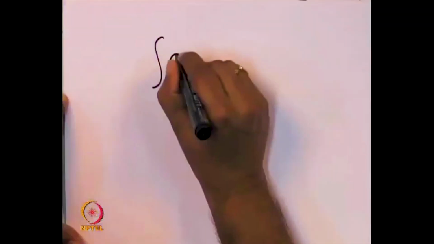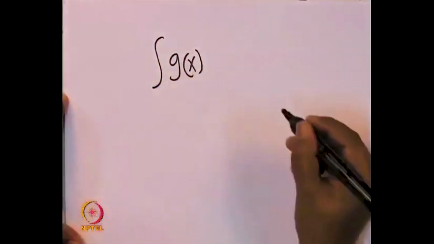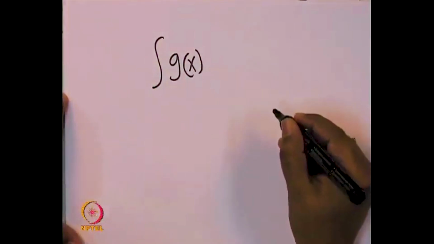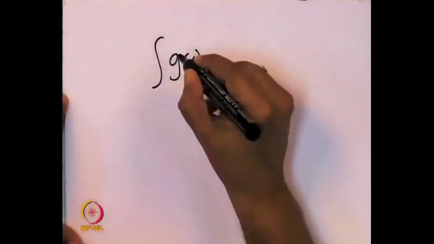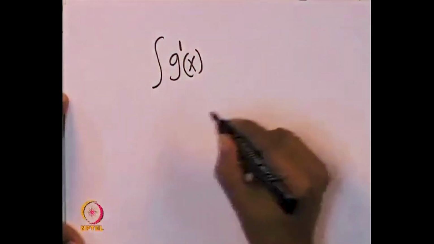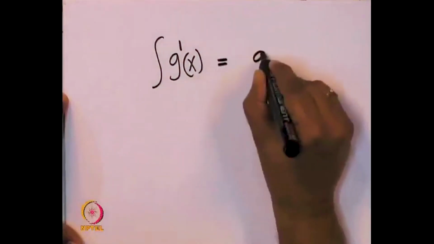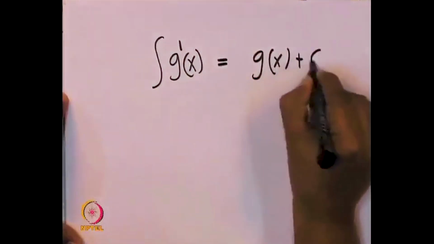We said in the class that if you have a function with an integral, let's say the integral of g prime of x dx, the answer could be g of x plus some constant c.